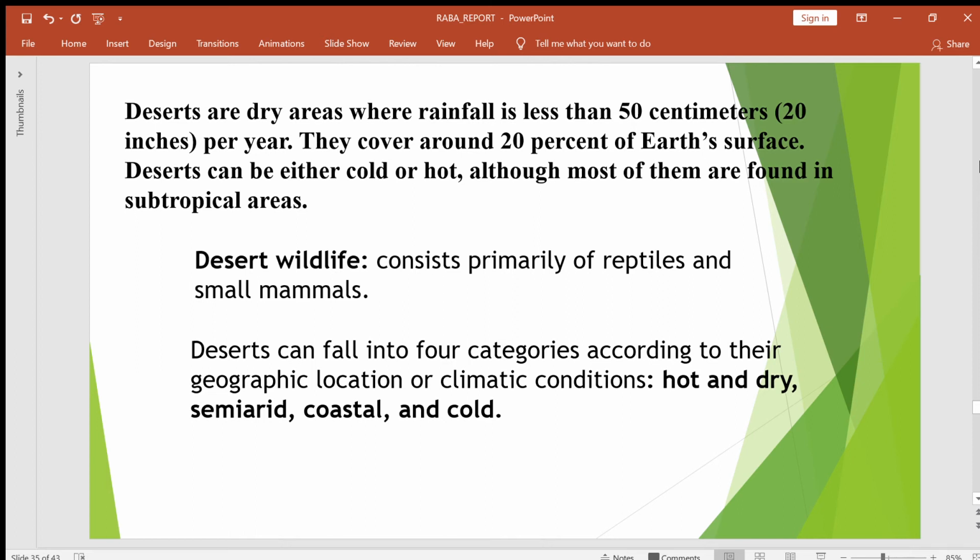Desert wildlife consists primarily of reptiles and small mammals. Deserts can fall into four categories according to their geographic location or climatic conditions: hot and dry, semi-arid, coastal, and cold.